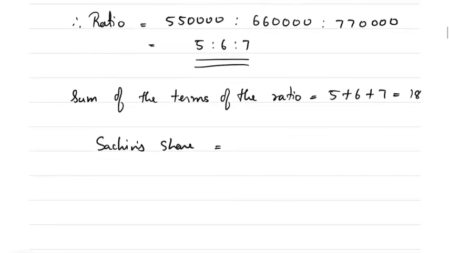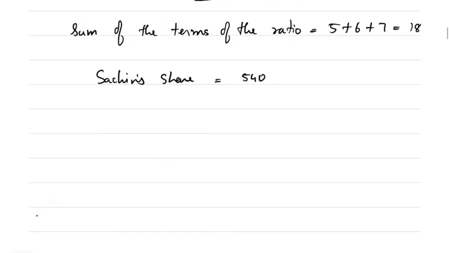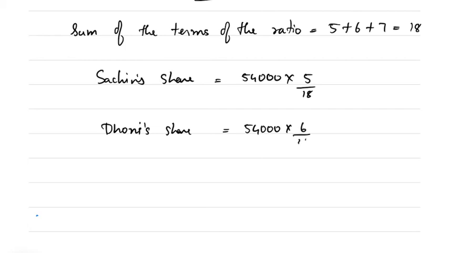Profit is 54,000. Sachin's share would be 54,000 into 5 by 18. Dhoni's share will be 54,000 into 6 by 18. And Virat's share 54,000 into 7 by 18.